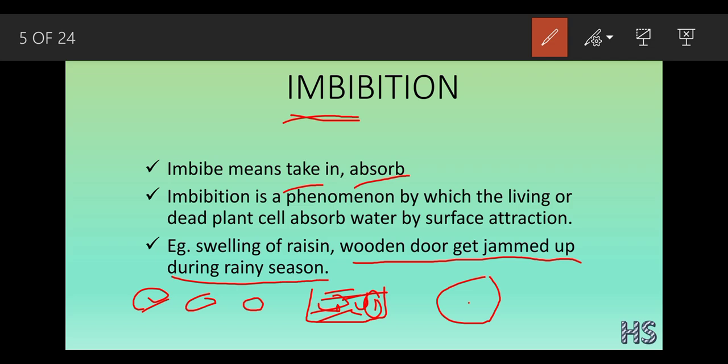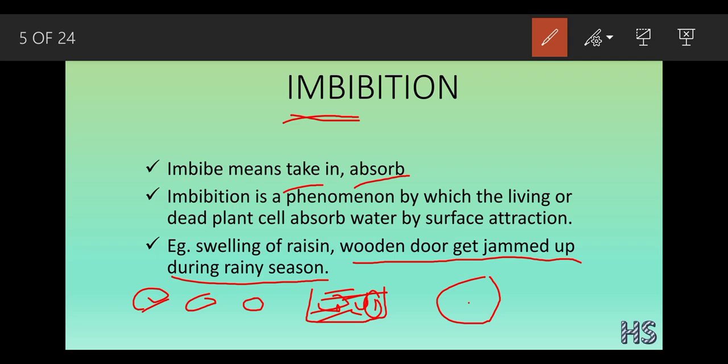During the rainy season it is very difficult to open and close the doors. Why does it become so difficult? Because during the rainy season the doors absorb the water.